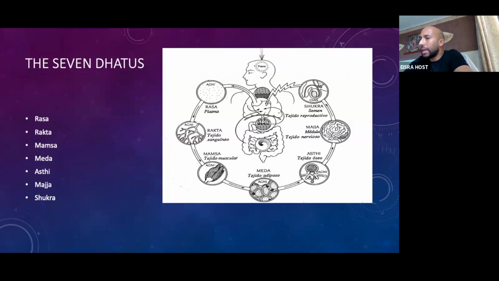We know if we keep rasa good, the rest will follow. When we look at a problem of a dhatu from a modern perspective, for example someone with infertility problems, they just work on that level as far as they know. They don't see the complete connection with all these other tissues, whereas in Ayurveda we see that you have to go further.